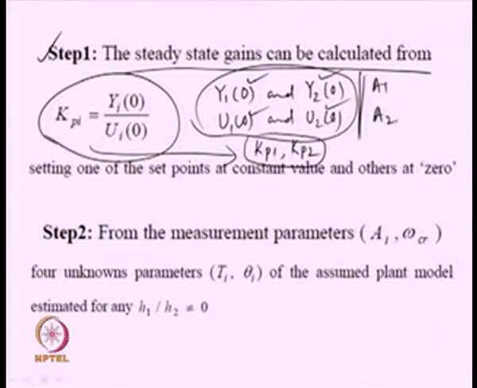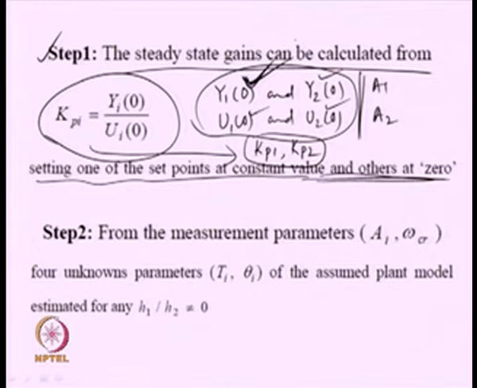And when you measure the output signals in steady state conditions, please keep in mind to set the value for one set point at 0 and the other at non-zero, and only then take these measurements.